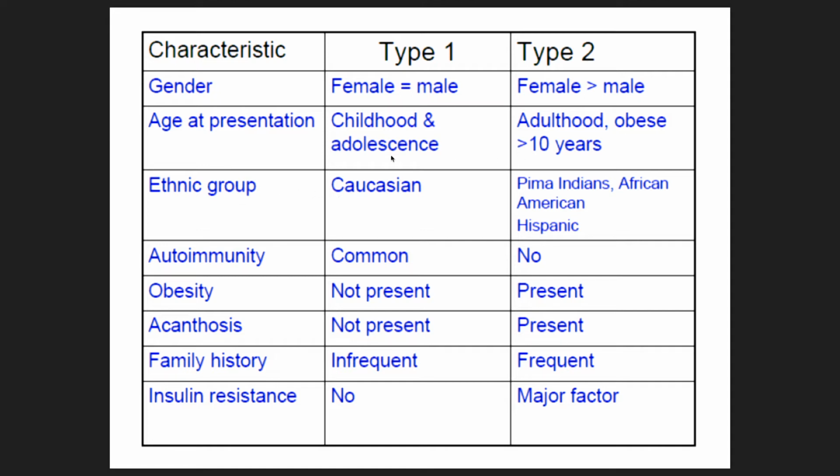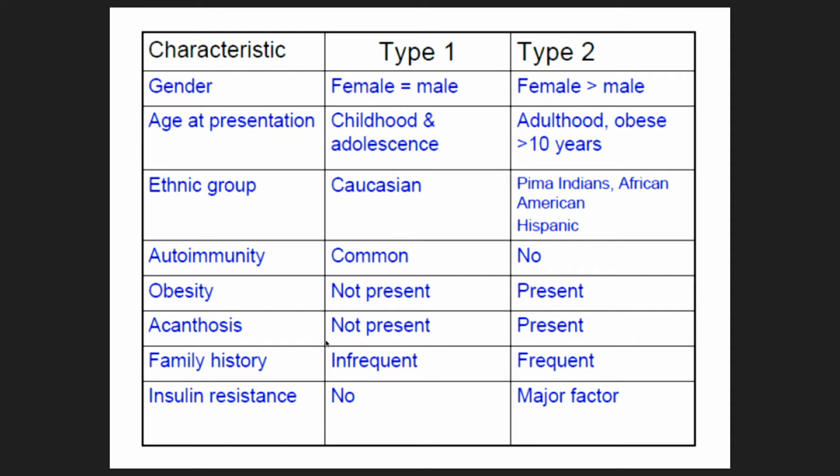Ethnic group, type 1 diabetes is mainly in Caucasian, while type 2 diabetes has more risk to happen in Indians, African American and Hispanic. Type 1 diabetes is associated with autoimmunity. Type 2 has nothing to do with autoimmunity. Obesity is a hallmark of type 2 diabetes, has nothing to do with type 1 diabetes.